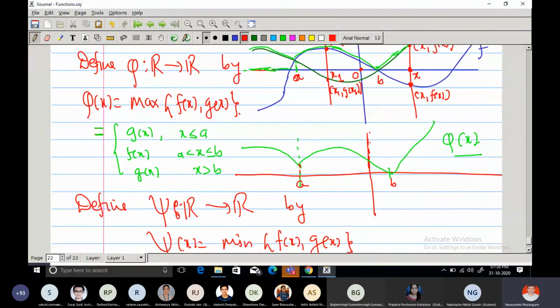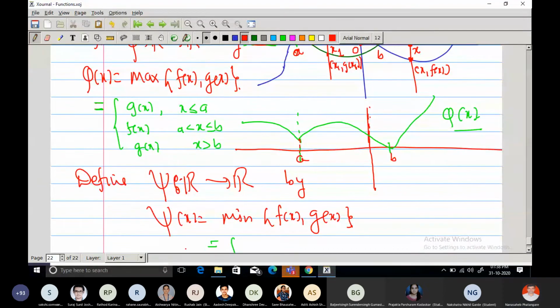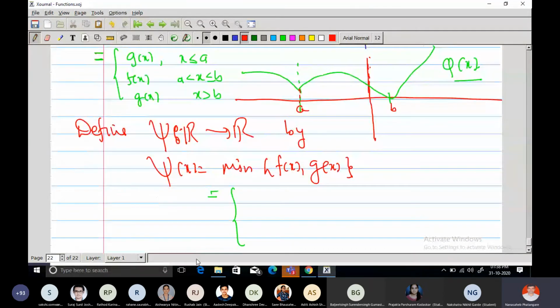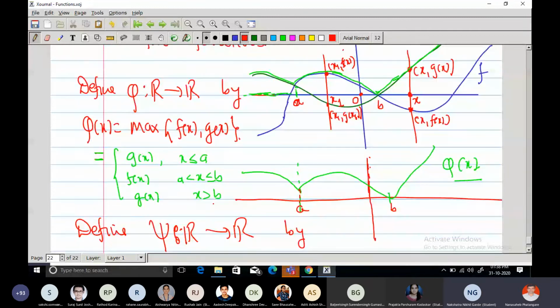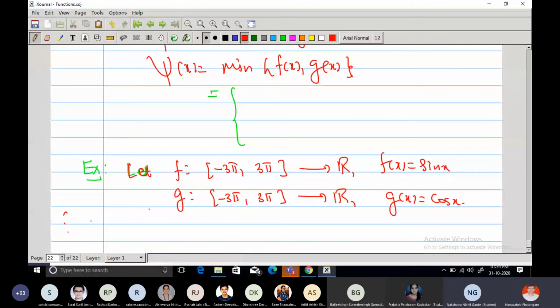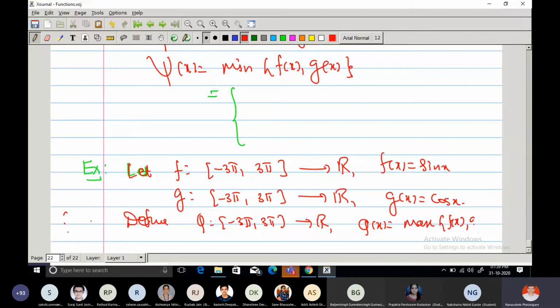Okay, so is it complete? Yes, sir. Okay, now define phi from minus 3 pi to 3 pi, phi(x) is equal to the maximum of f(x), g(x), and psi(x) is equal to the minimum, and then you sketch the graphs.